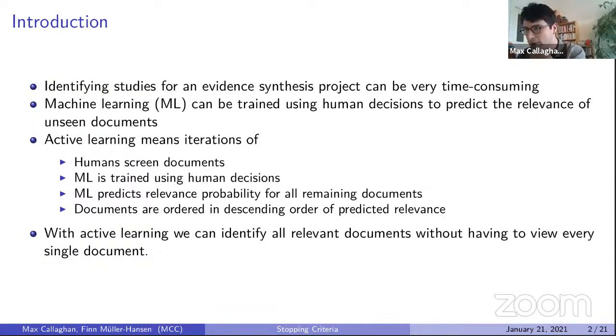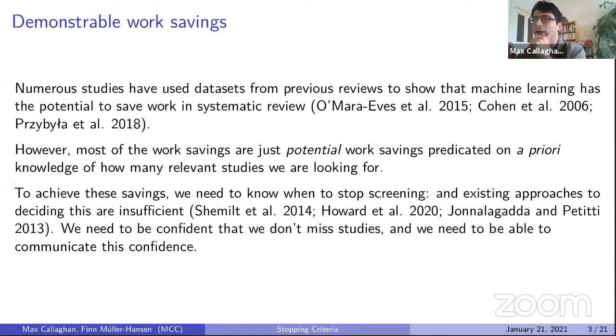It predicts the relevance probability for remaining documents, and then those documents are ordered in descending order of predicted relevance. And there are numerous studies that have looked at this and shown that we can save quite some work with this method.